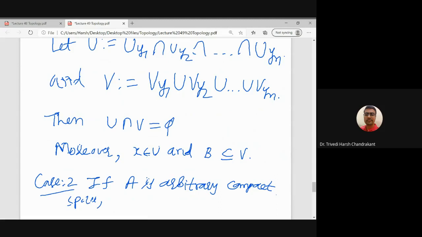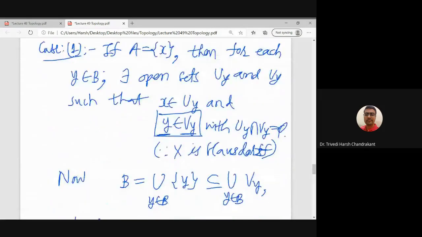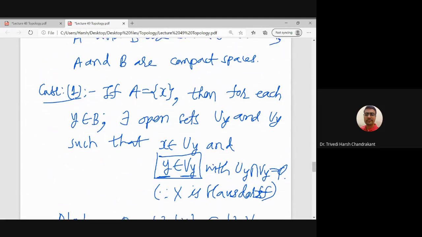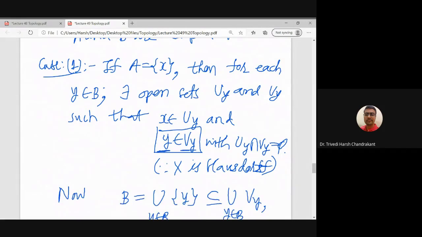If A is an arbitrary compact set, then for each x in A we can find an open set Ux containing x and Vx containing B. Here we have selected, for each x and B, an open cover.